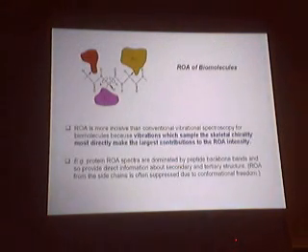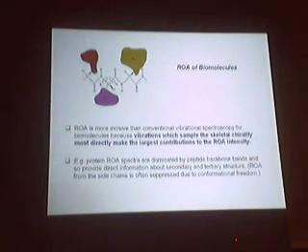Right, on to biomolecules. ROA is much more incisive than conventional vibrational spectroscopy for studying biomolecules. The reason is it's the sensitivity to chirality that does it, and it's similar for circular dichroism, in fact.